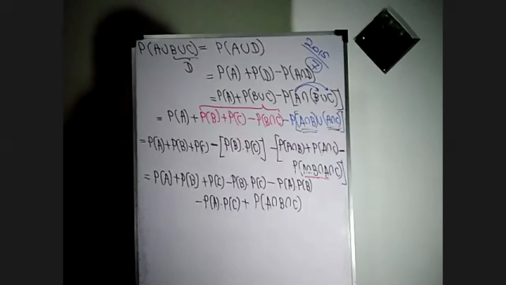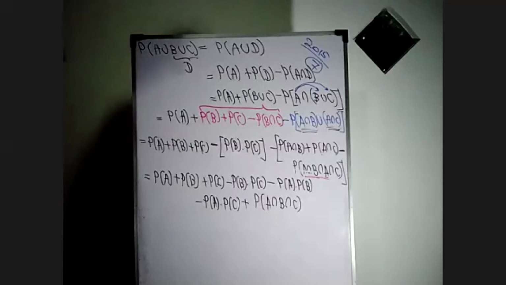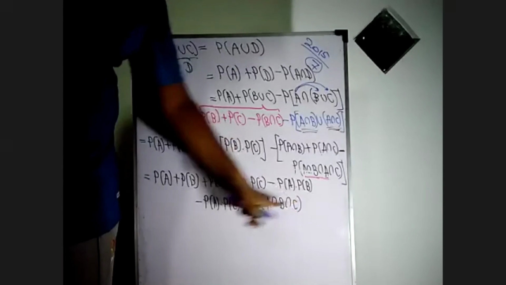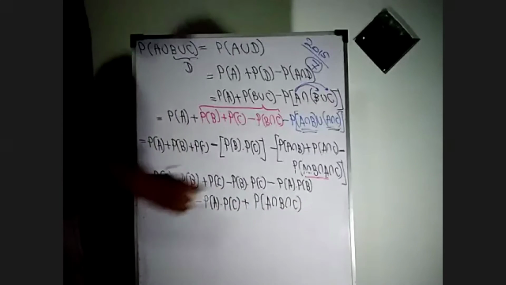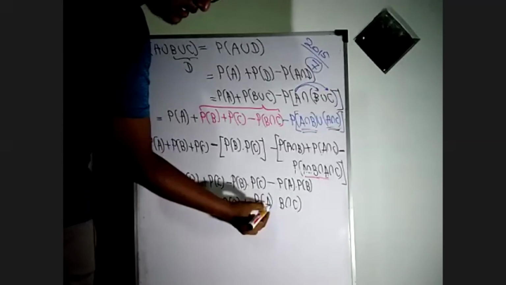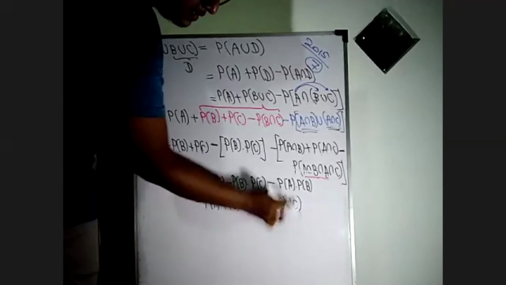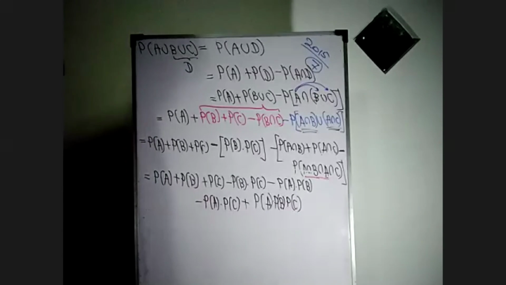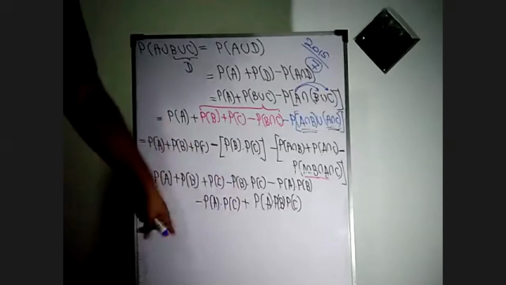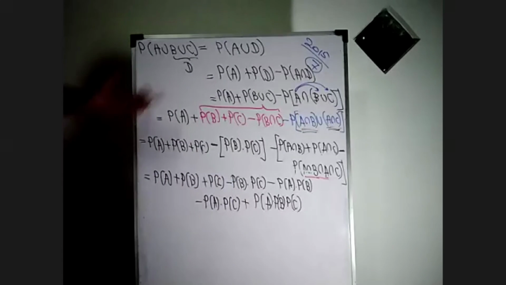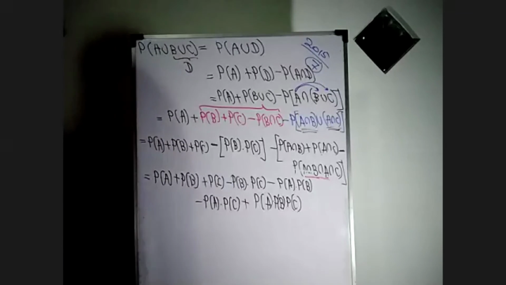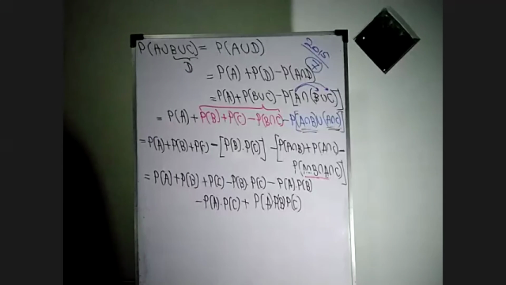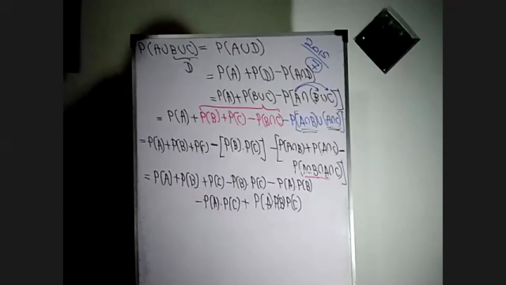Because A, B, C, everything are independent, the intersection of all three independent events can be written as PA into PB into PC. So this is the derivation. So A union B union C. Okay, understood.